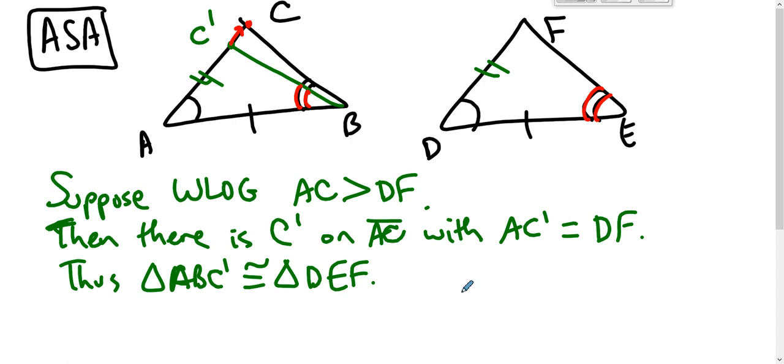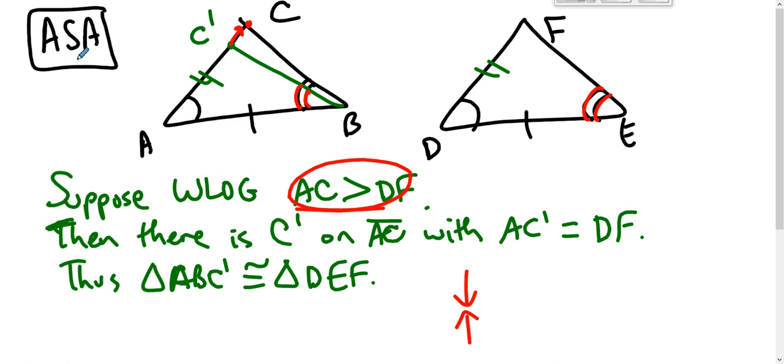And so it's a contradiction if AC is greater than DF. It's the reverse contradiction if AC is less than DF. And so if two triangles present with the angle side angle criteria, those two triangles must be congruent.